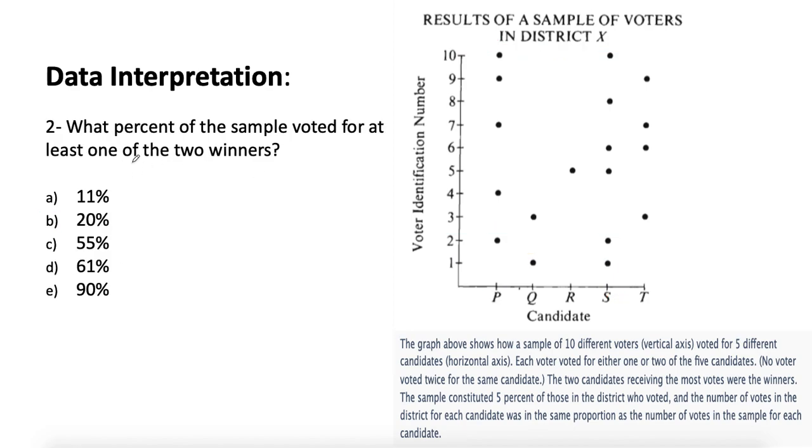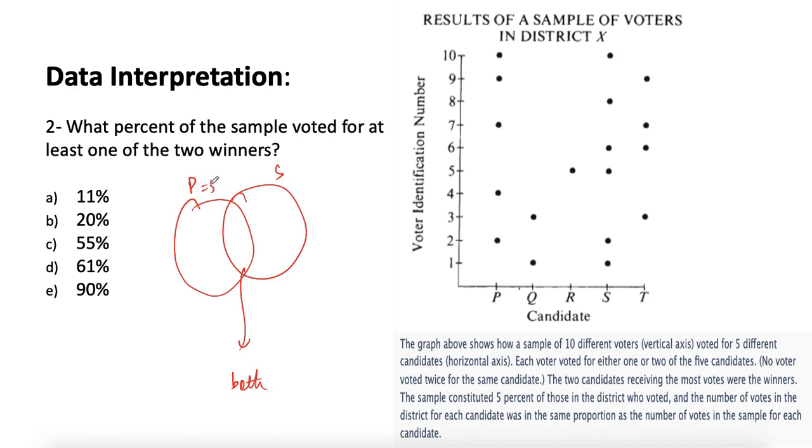The next question is what percent of the sample voted for at least one of the 2 winners. This is a bit tricky because this involves a Venn diagram concept. Why? Because both winners are P and S, and there's a scenario where the same voter voted for both. What are the total votes cast for candidate P in this sample?